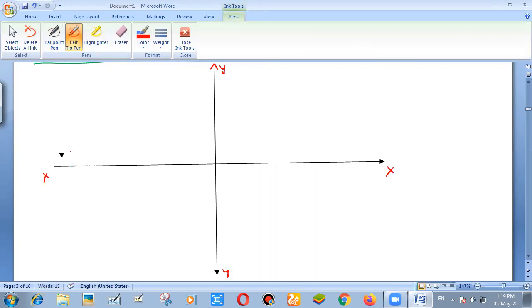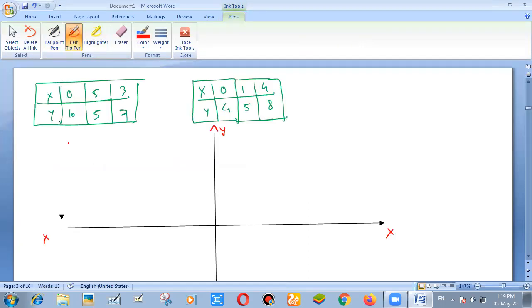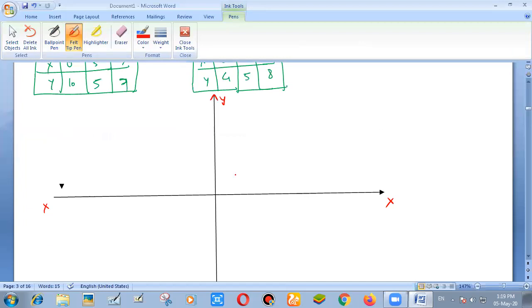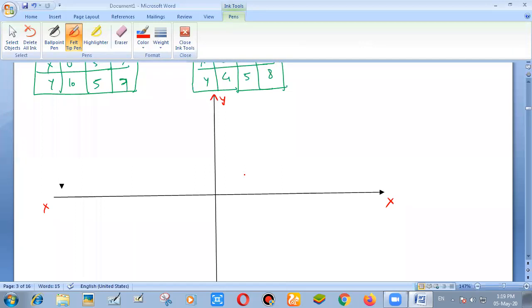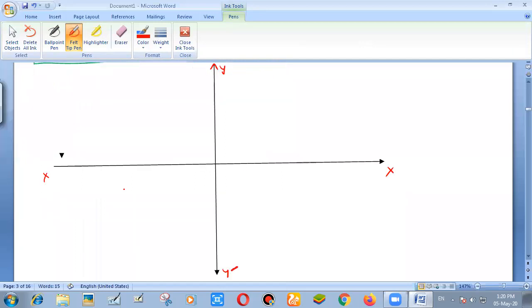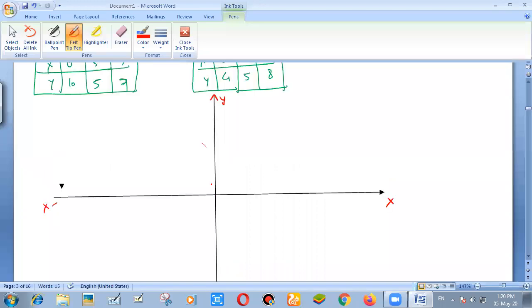What is the maximum value? 10, no? In the y-axis it is 10. So I am doing it roughly, okay? So this is 0, this is 1, this is 2, this is 3, this is 4, this is 5, this is 6, this is 7, this is 8, this is 9.